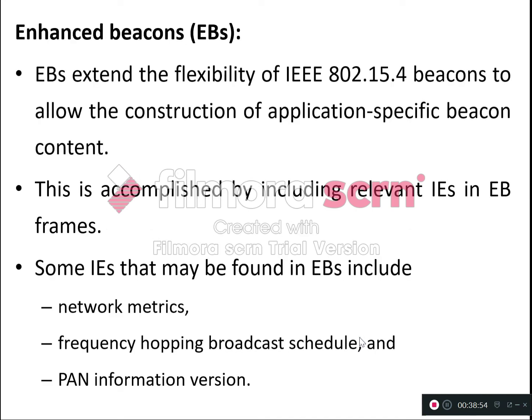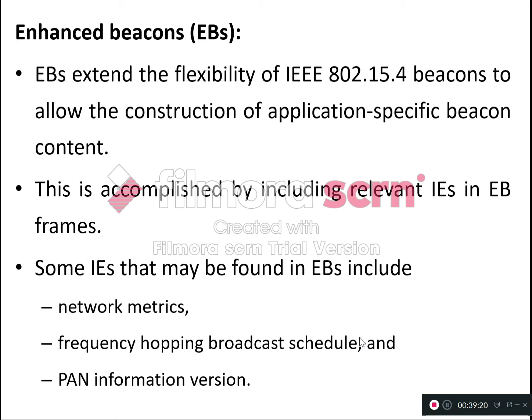The next enhancement is the enhanced beacons, EBs. EBs extend the flexibility of IEEE 802.15.4 beacons to allow the construction of application specific beacon content. So for whichever application the network is constructed, for that application the beacon should be constructed.